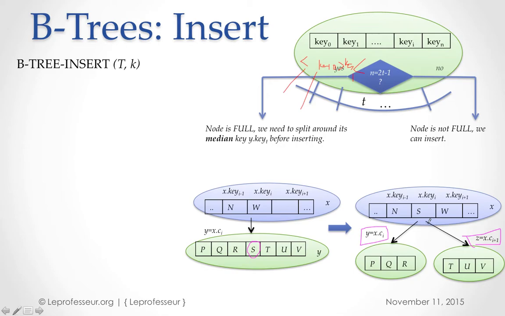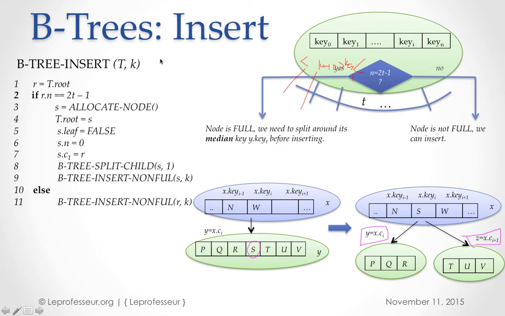So let's talk about the procedure. It's a very simple procedure. Initially you assign t.root to r. Lines 2 to 9 decide whether the node in which you are going to insert this key is full.